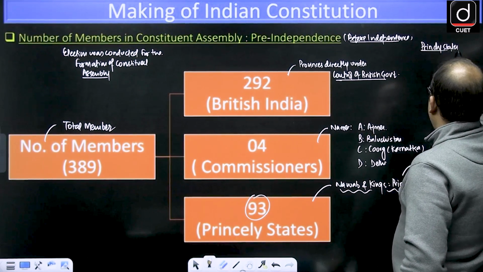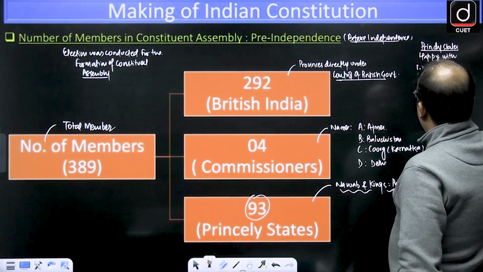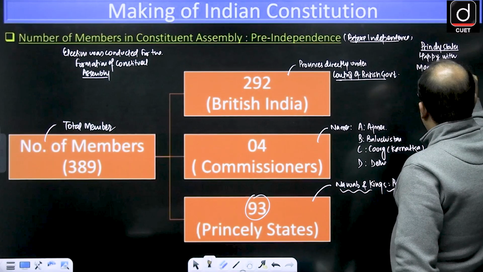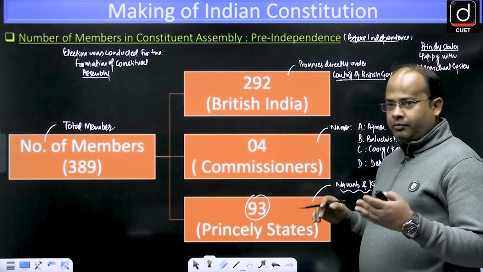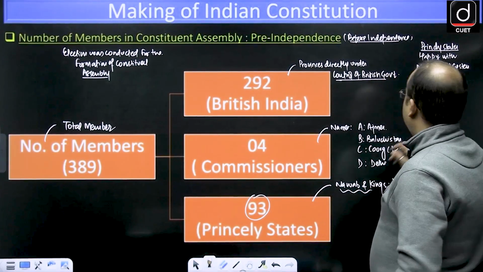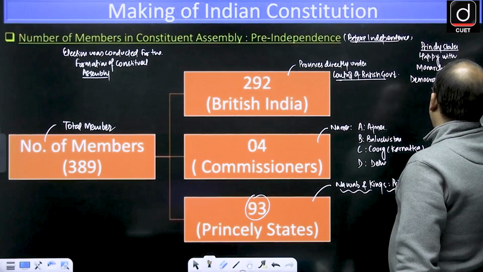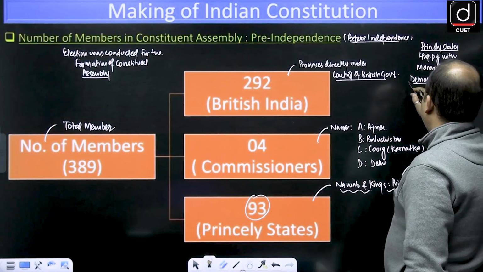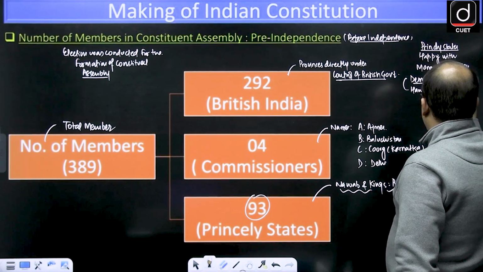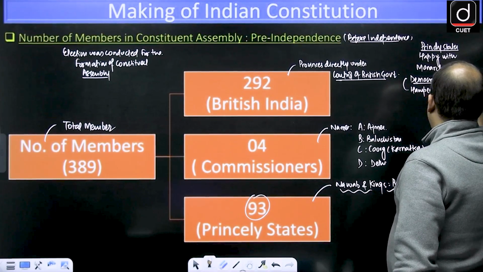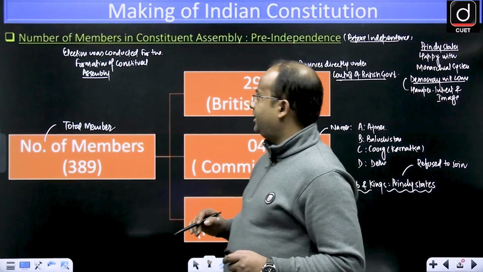Once the Constituent Assembly was created and the constitution drafted, democracy would come, and democracy would hamper their interest and image. So they simply refused to join the Constituent Assembly.